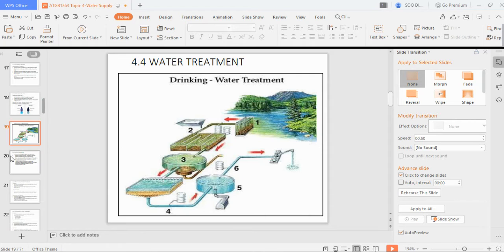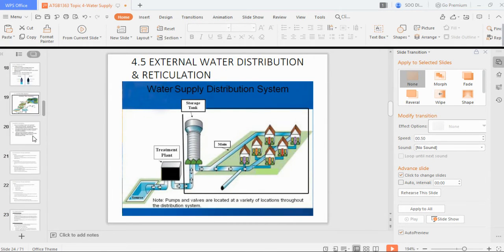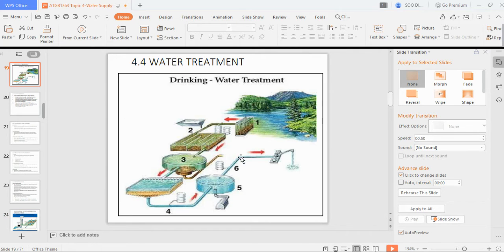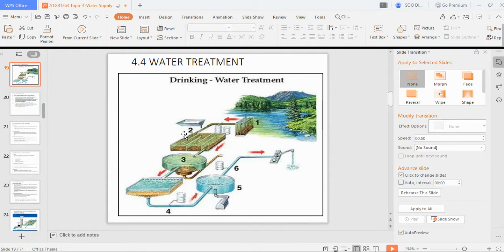Okay, so let's finish this and then we will have a break. So next is our water treatment. Before the water is supplied to us, usually we obtain our water sources from the reservoir or from the river.